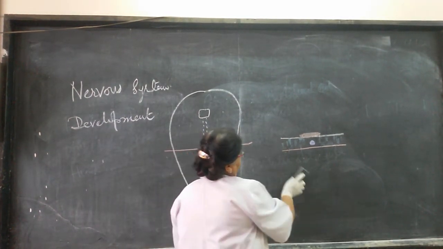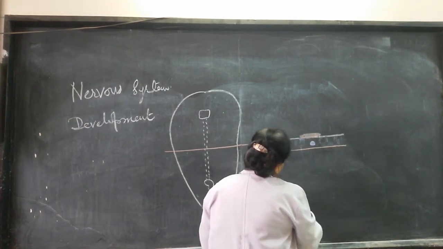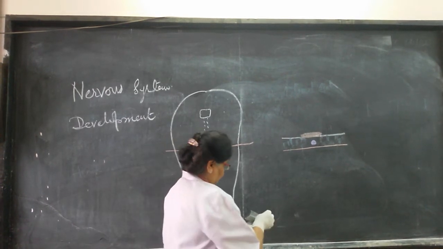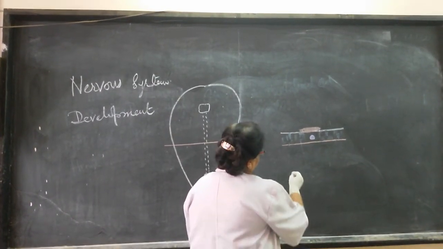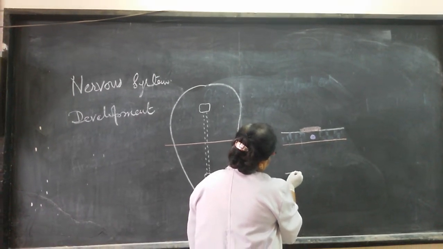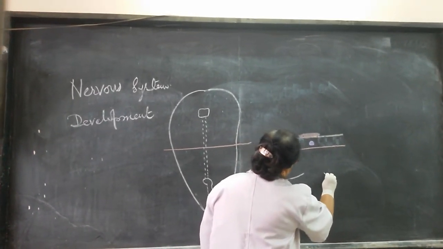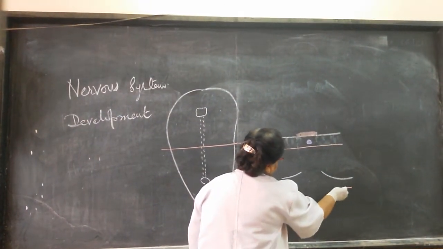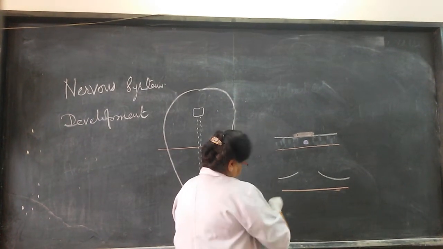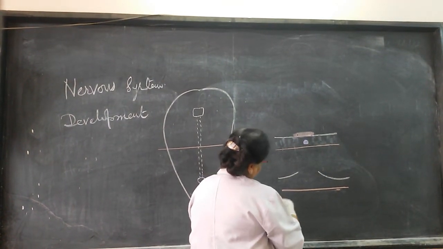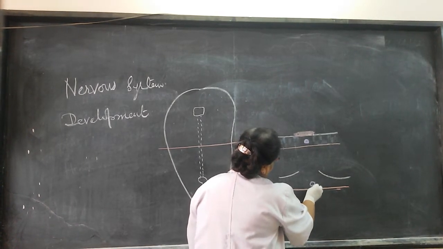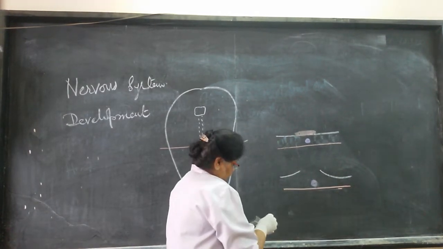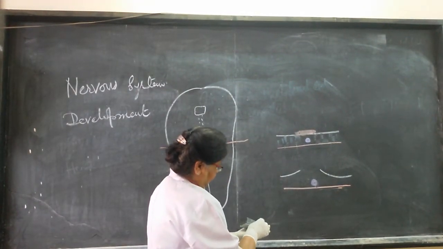With the growth process, the neural plate grows and forms a fold. This is the general ectoderm, this is the endoderm, the notochord, and the neural plate forms a fold.